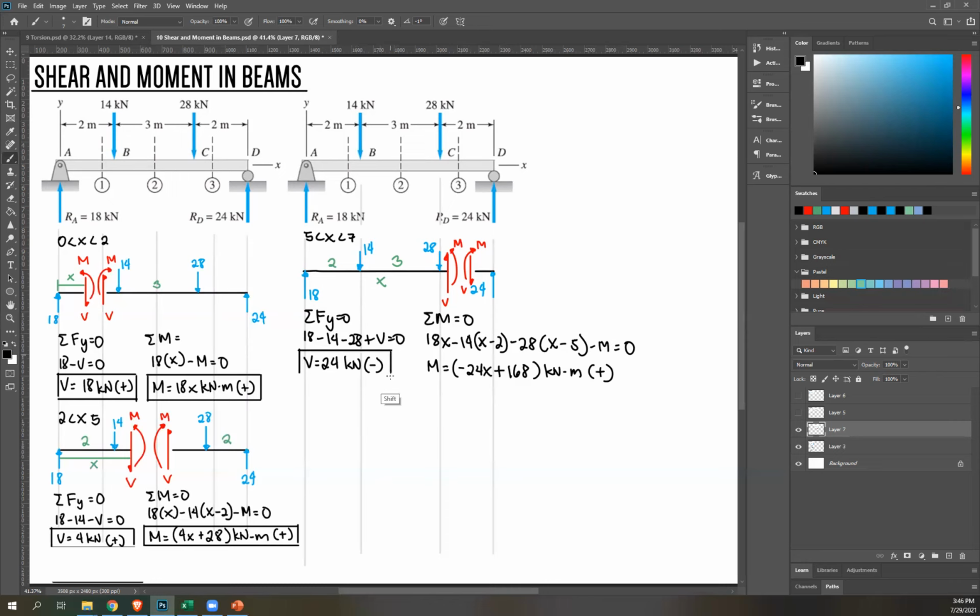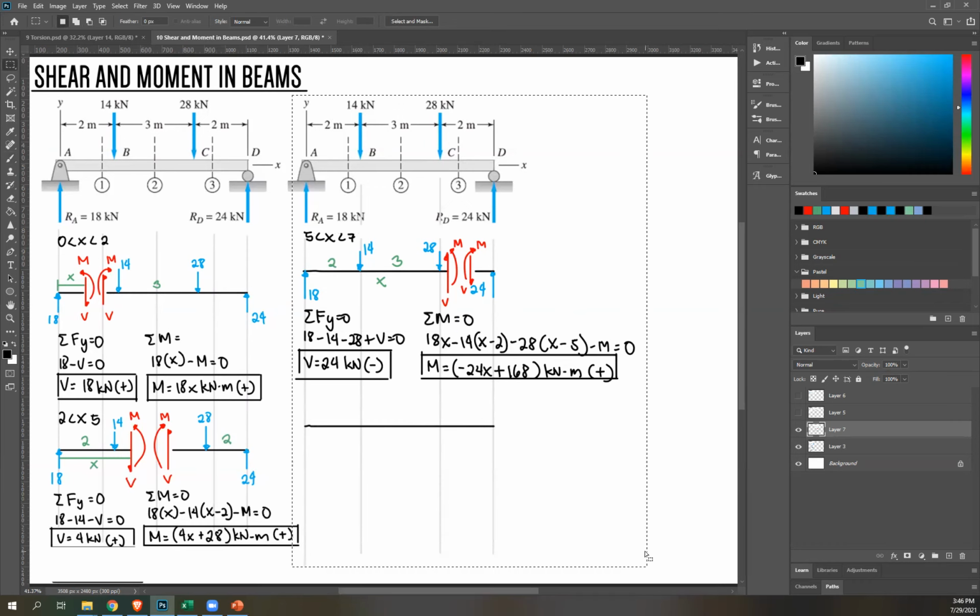And that's how you create your shear moment equations. Now we're looking for shear moment diagram. So how do we do that? I'll draw it here. Let's try moving this more.